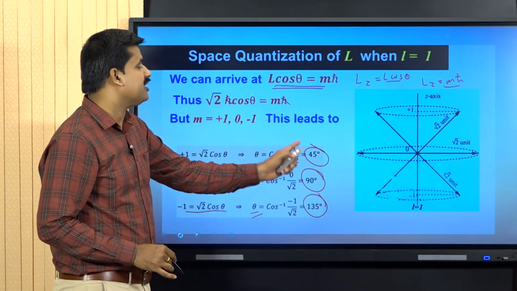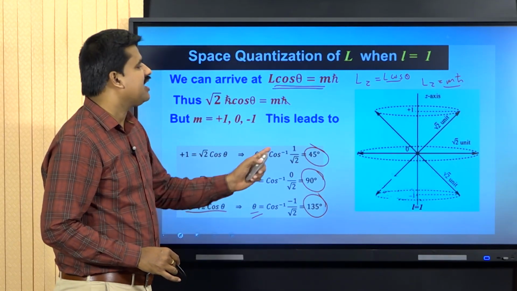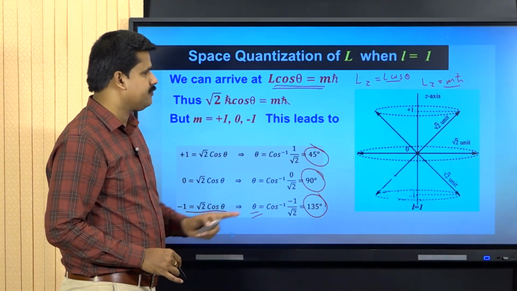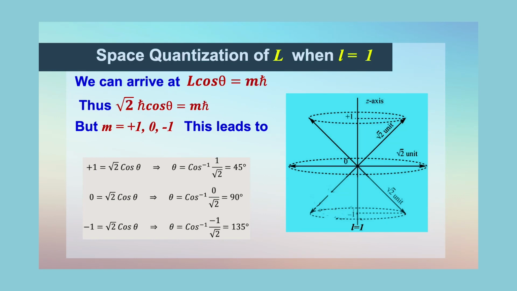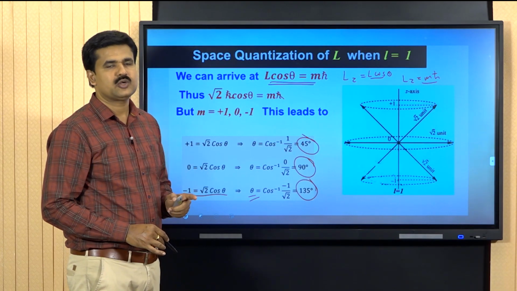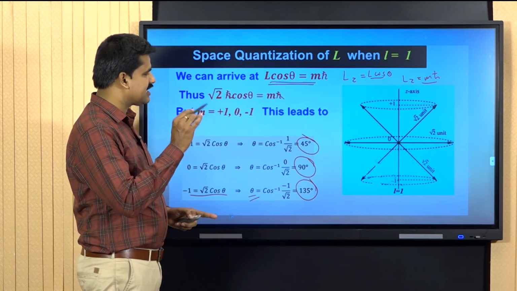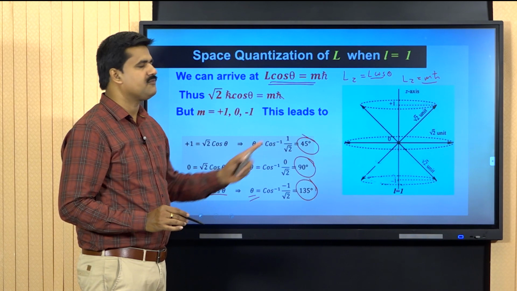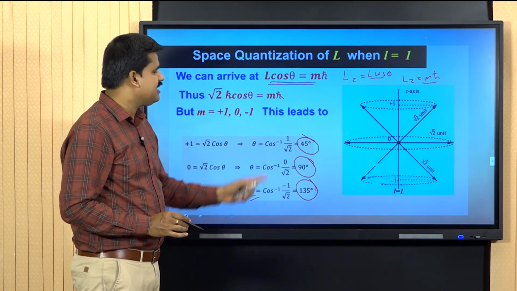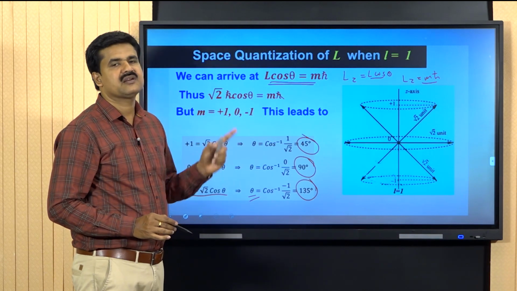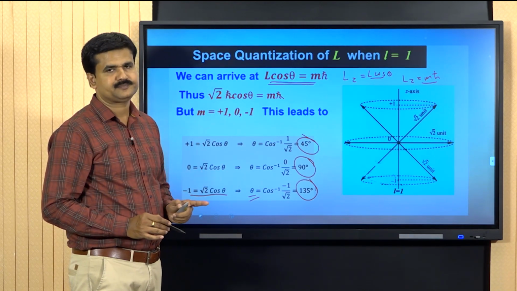They are 45 degree, 90 degree and 135 degree. This is the pictorial representation of the arrangement of the components of angular momentum when l is equal to 1. The angular momentum components are represented in three different angles, namely 45 degree, 90 degree and 135 degree.